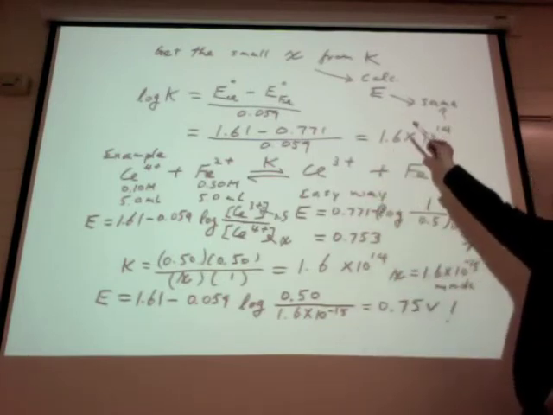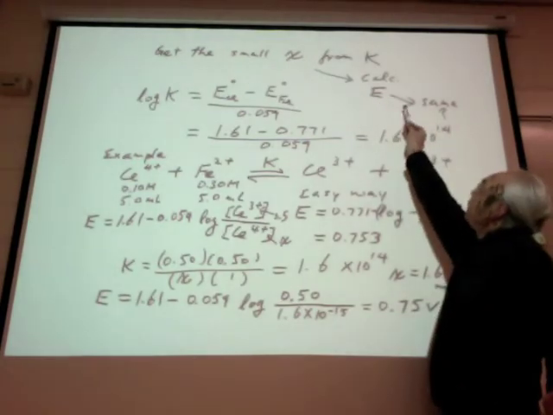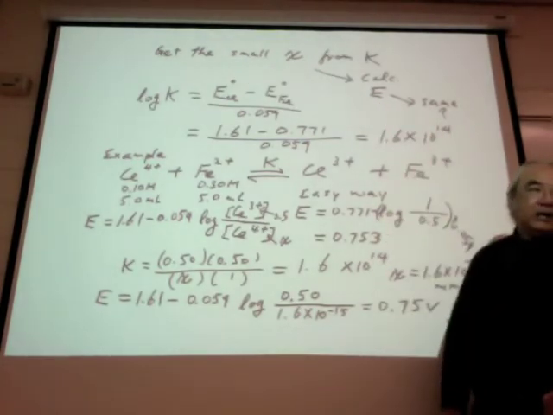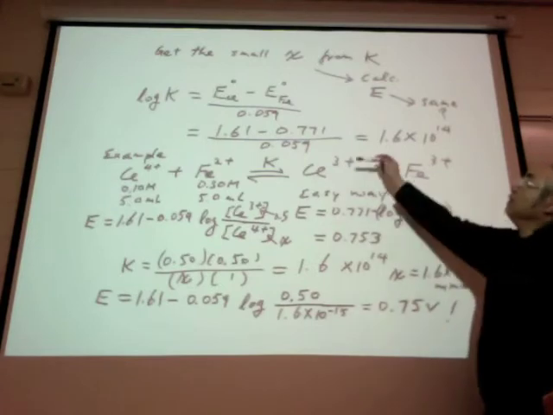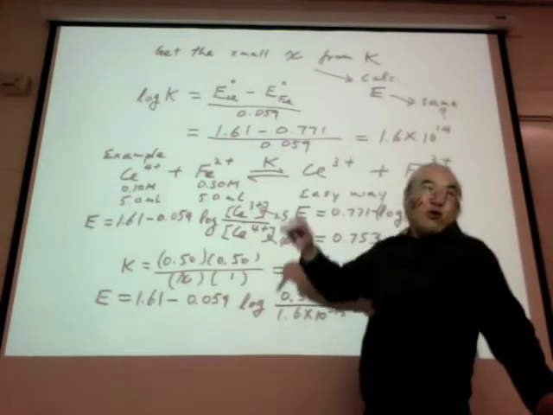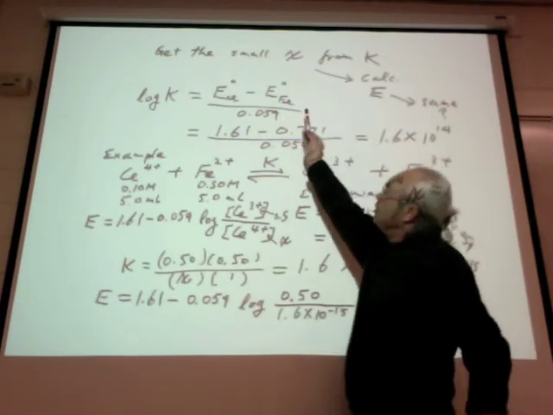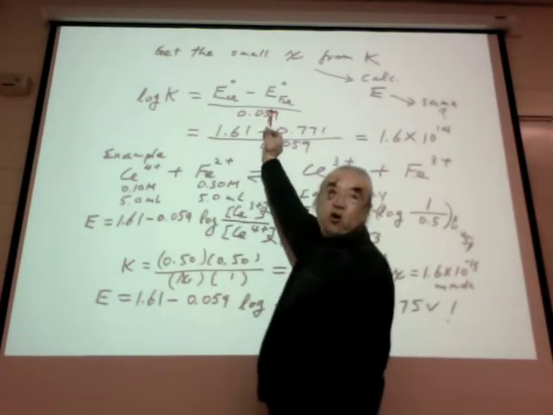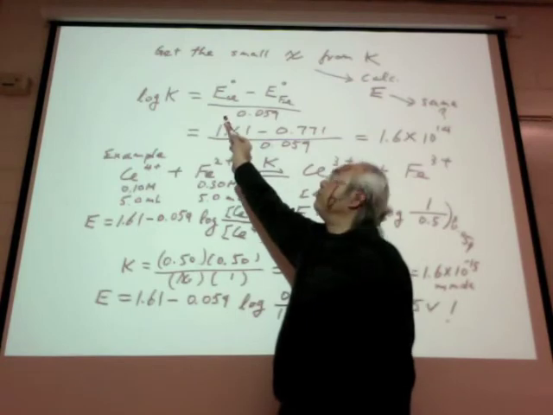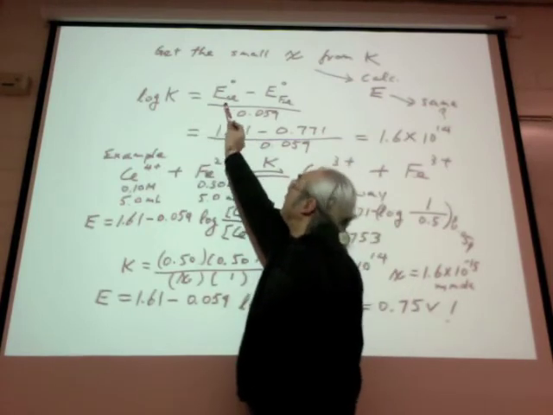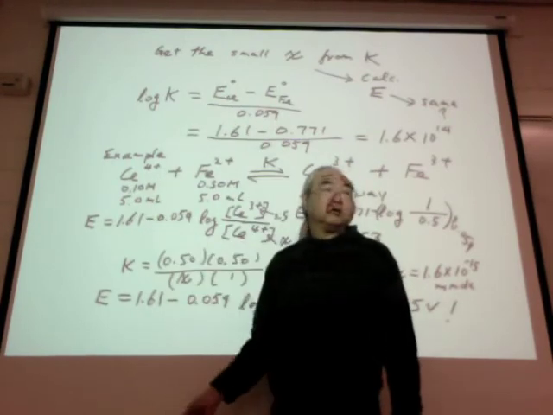Okay, so let's say that I go with the hard way. It's still okay, get the small x from the K, then you should end up with the same answer. So get the K first, though. You calculate based on the K, the equilibrium K. Remember this formula I asked you to memorize. Get the particular K corresponding to the two chemicals.